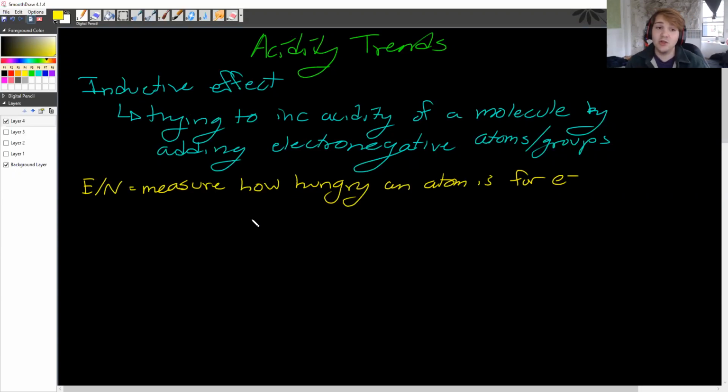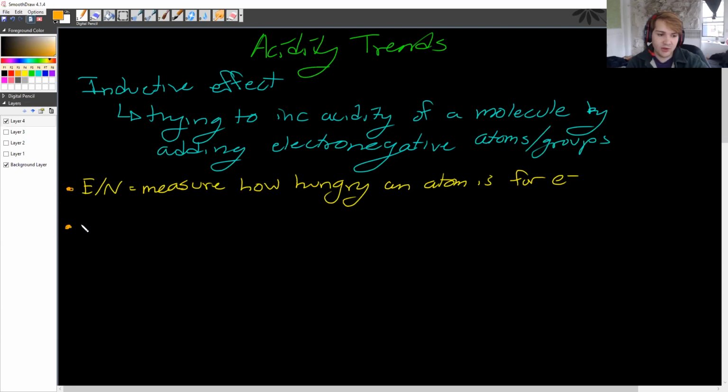The more likely you are to pull them into your sphere of influence or your orbital and to kind of hold on to them. So if you're highly electronegative, you want electrons more.